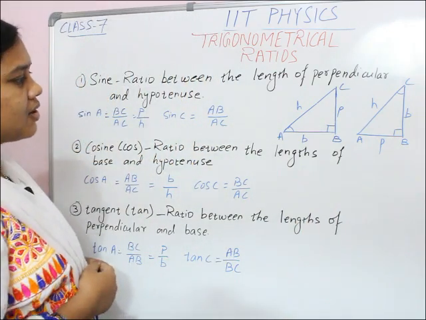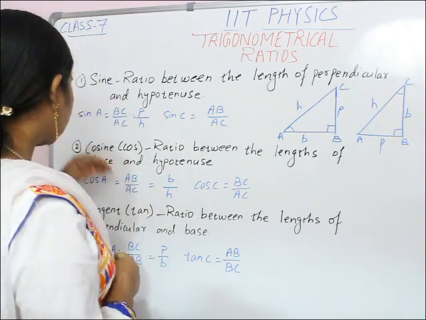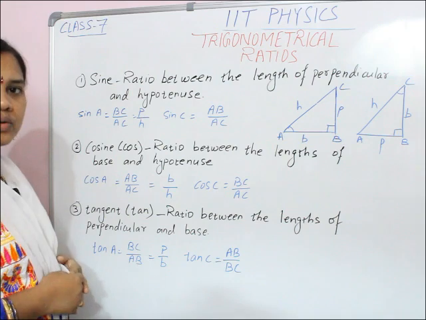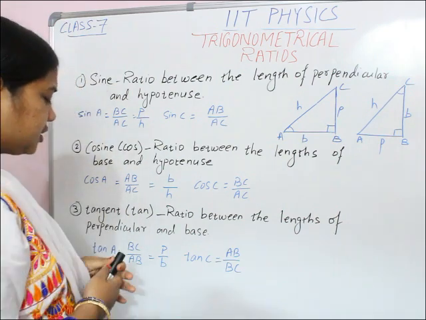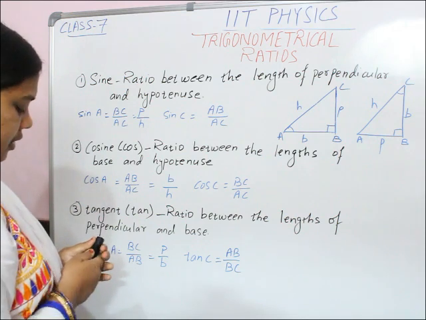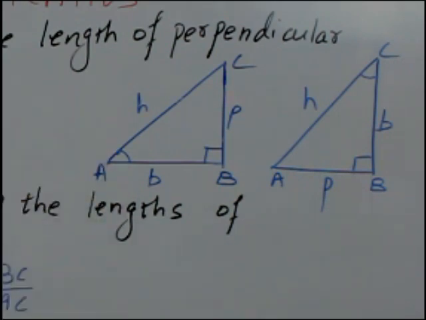You can see the right angle triangle is already given. These are the first three trigonometrical ratios you will see. I gave you two triangles on the board. Both are the same, triangle ABC, both right angle triangles.